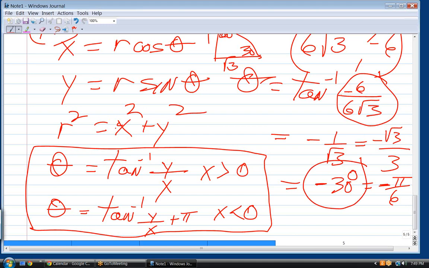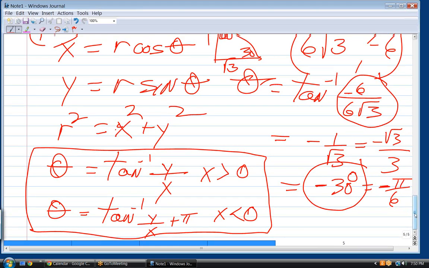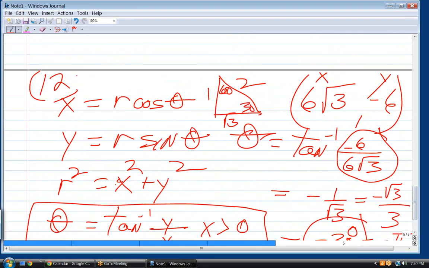Now, it depends on if your negative number is caused by the numerator being negative or the denominator being negative. If the denominator is the negative, you have to add pi to that answer. So the answer is 12 comma minus pi over 6.